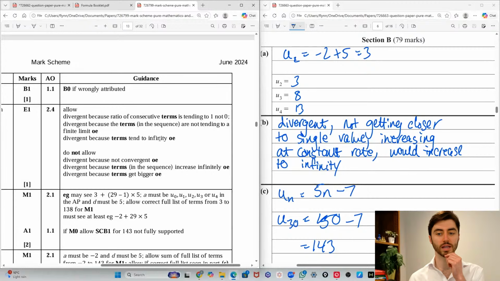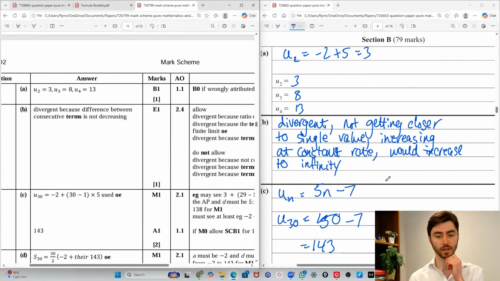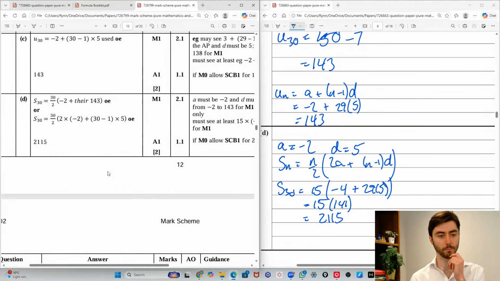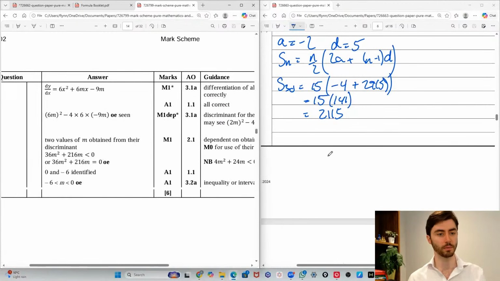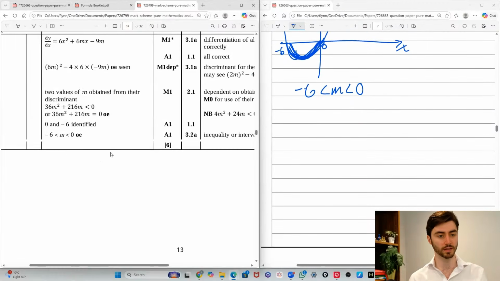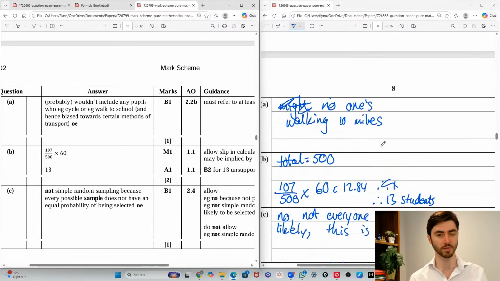Terms tend to infinity. Would increase to infinity. I think I would get that. All right, so here, 143. Yep. 21, 15. Yep. Between -6 and 0. Yep.